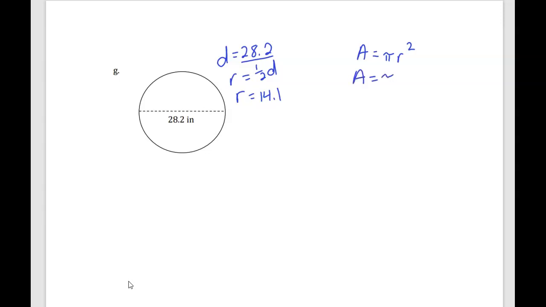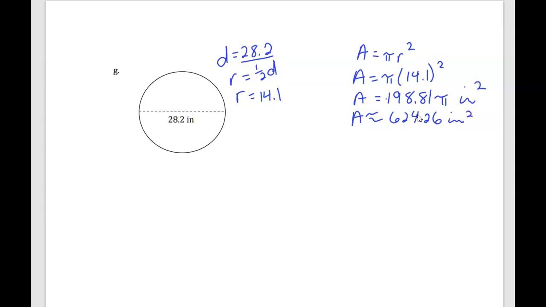So my area is pi times 14.1 squared. So my area is going to be 198.81 times pi inches squared, and that is approximately 624.26 inches squared.